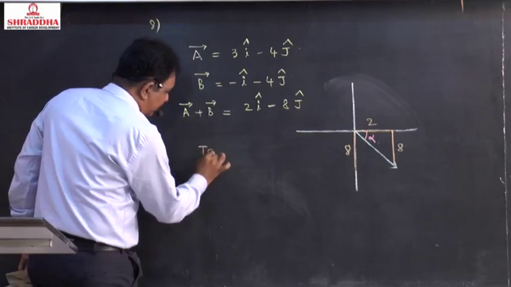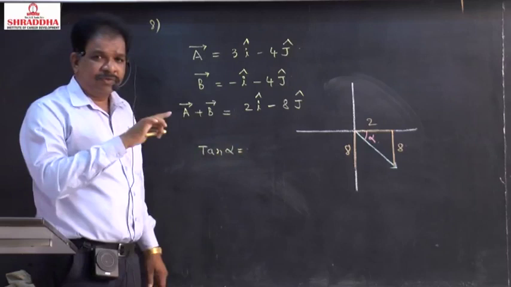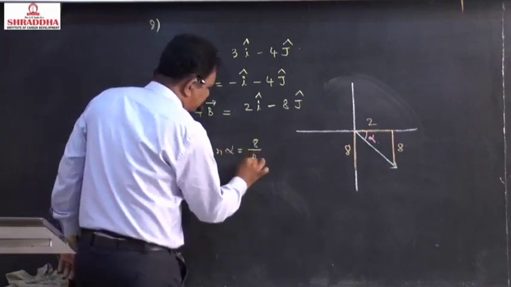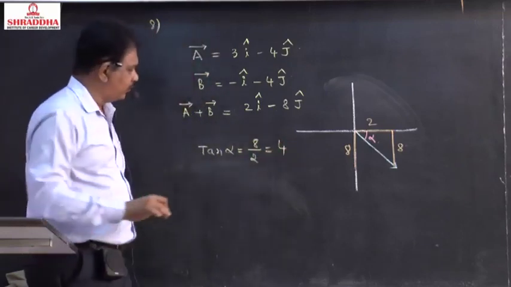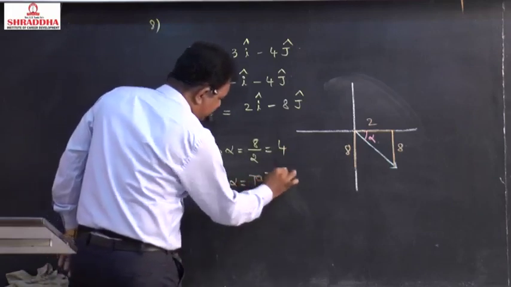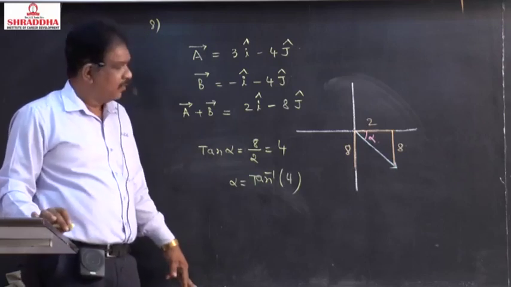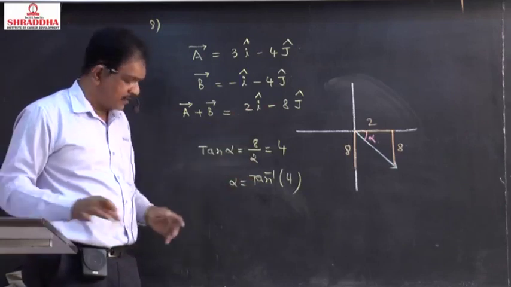From that triangle, tan alpha is equal to opposite side by adjacent side. This value is equal to 8 by 2, that is equal to 4. Alpha is equal to tan inverse 4. That is the angle. How is this angle measured? It is from the positive x-axis.